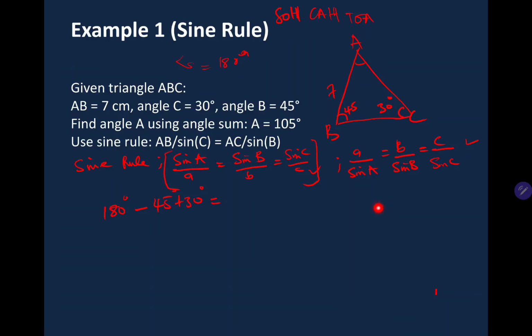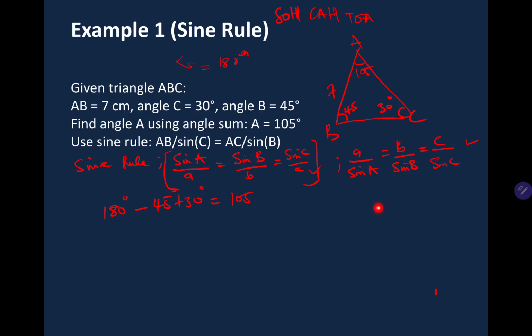This will give us the missing angle. And this is 180 minus 75. So our missing angle here is 105. So we can simply put A to be 105, okay? Then the other part of the question says we should get all the sides.